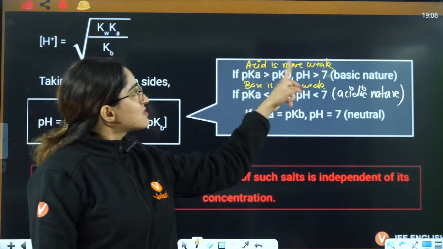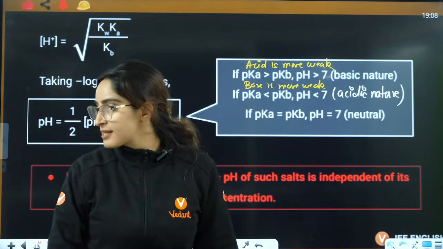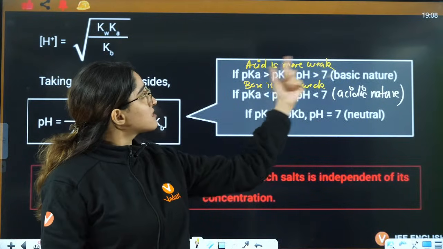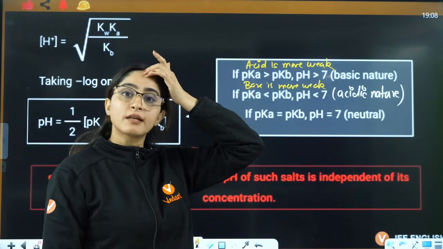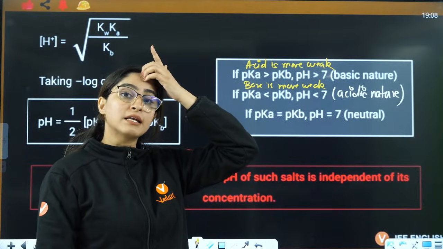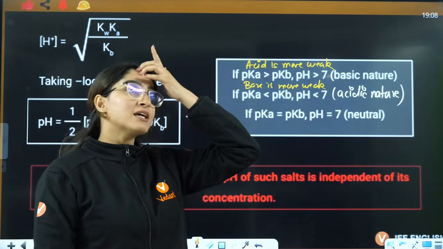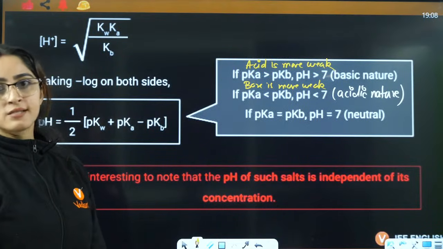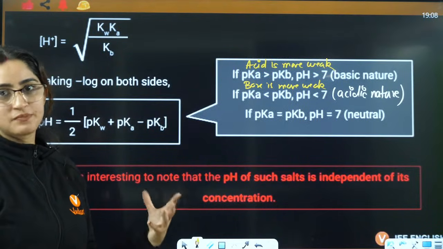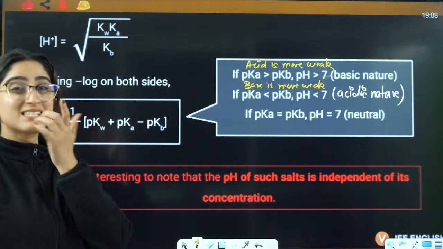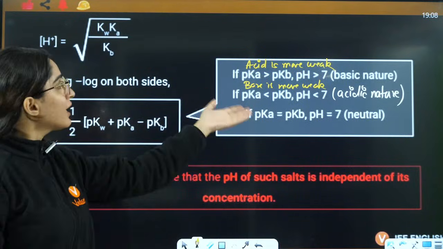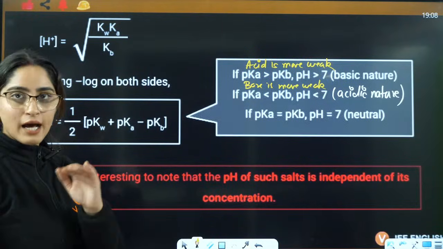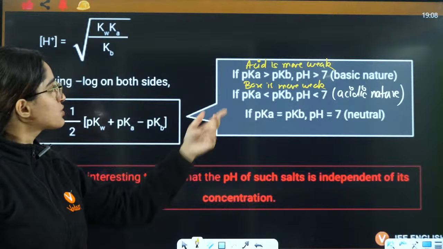Now ma'am, if acid is more weak, then how can it be of basic nature? Tell me. If acid is more weak, that means the anion part is less dissociated, and the cation part will be more dissociated.